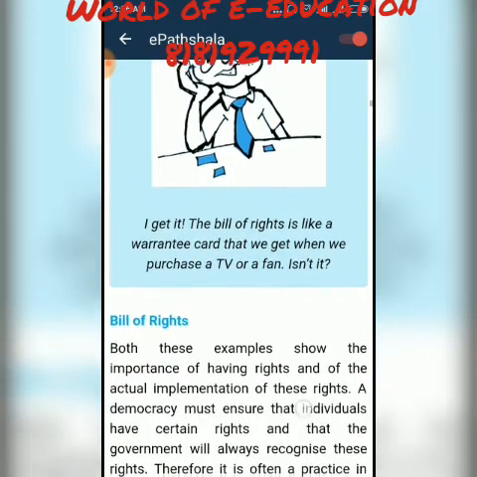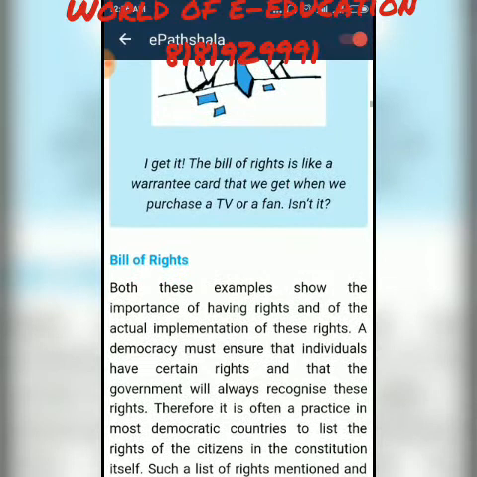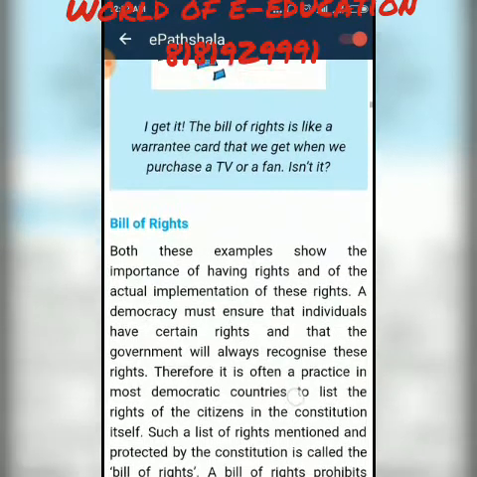Bill of Rights. Both these examples show the importance of having rights and of the actual implementation of these rights. A democracy must ensure that individuals have certain rights and that the government will always recognize these rights.